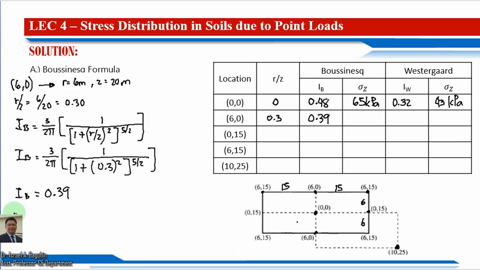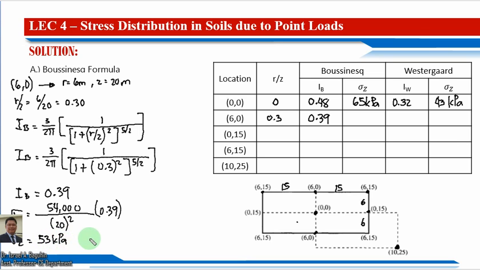And calculating the vertical stress, sigma z is just equal now to 54,000. Then our z is 20. Okay, 20 squared times this 0.39. Okay, so we can actually get the value of our sigma z here equal now to about 53 kilopascal.